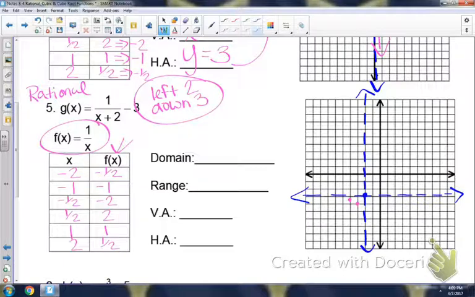Left 1/2, down 2. So there's our points. We can go ahead and graph that side of it. And then we're graphing the other side. So I'm going right 1/2, up 2. Right 1, up 1. Right 2, up 1/2.